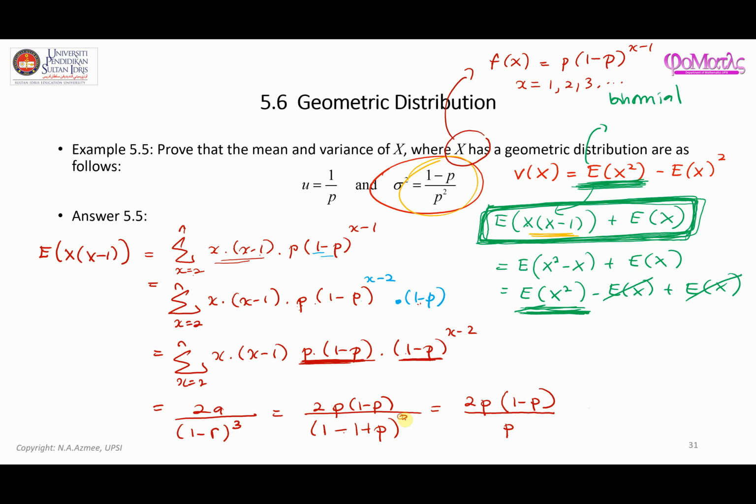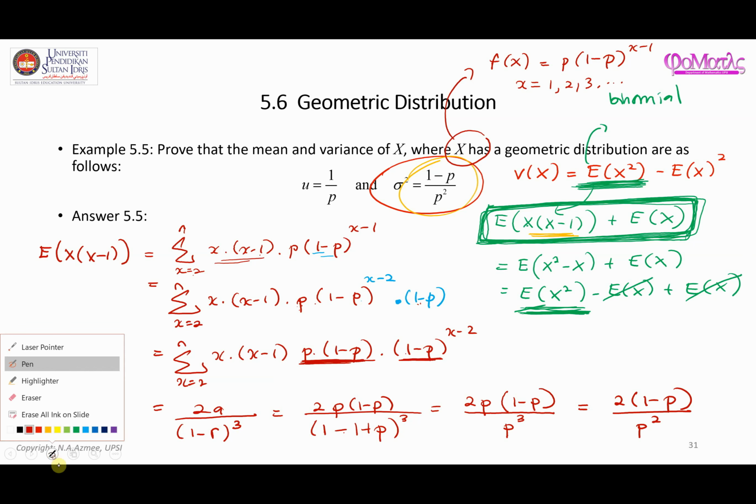And sorry, we have cube up here, so p cubed. Okay, next we can simplify that to be (1 minus p) over p squared. Okay, so that's the result for just this part, for just this one.